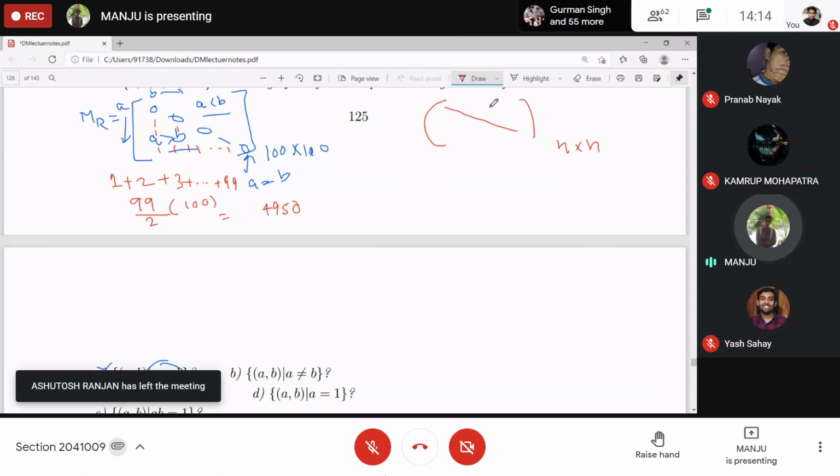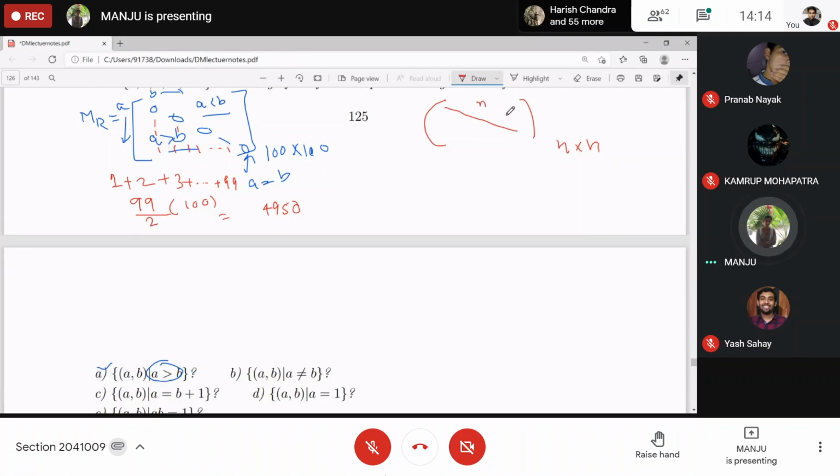The remaining n square minus n are equally distributed over above diagonal and below diagonal. So above diagonal and below diagonal each have n square minus n by 2, or you can just say n into n minus 1 by 2.